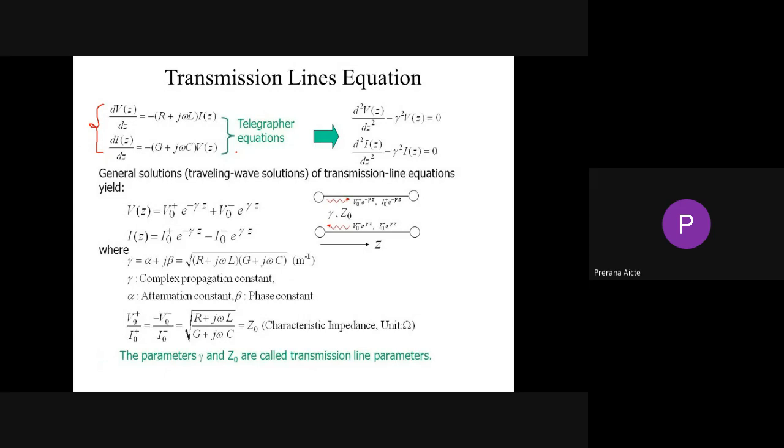Similarly, the second expression ∂²I/∂z² minus γ² into I(z) is equal to 0, where γ is equal to α plus jβ, that is equal to the square root of (R plus jωL) into (G plus jωC) per meter. Here γ is nothing but the propagation constant, and it can be represented in terms of both real and imaginary parts, that is α plus jβ, where α is the attenuation constant and β is the phase constant.